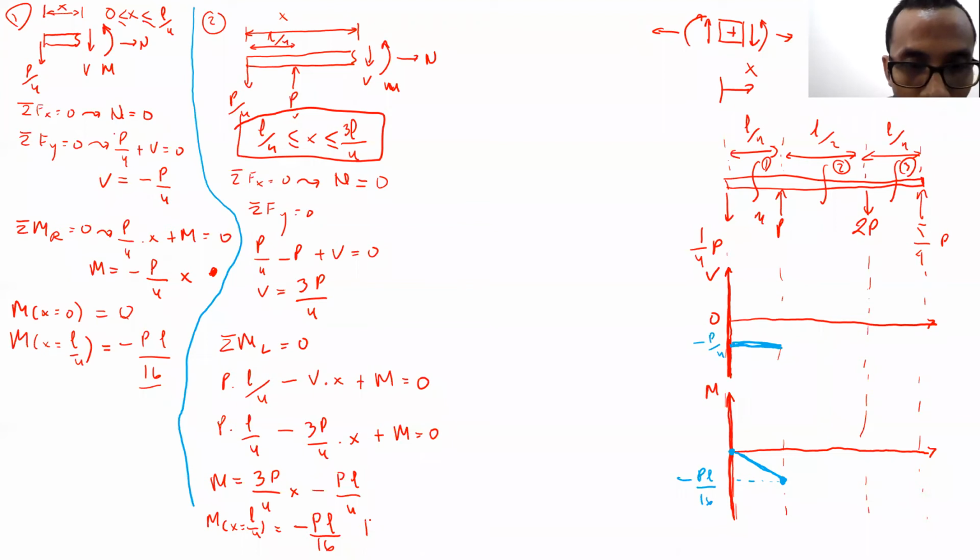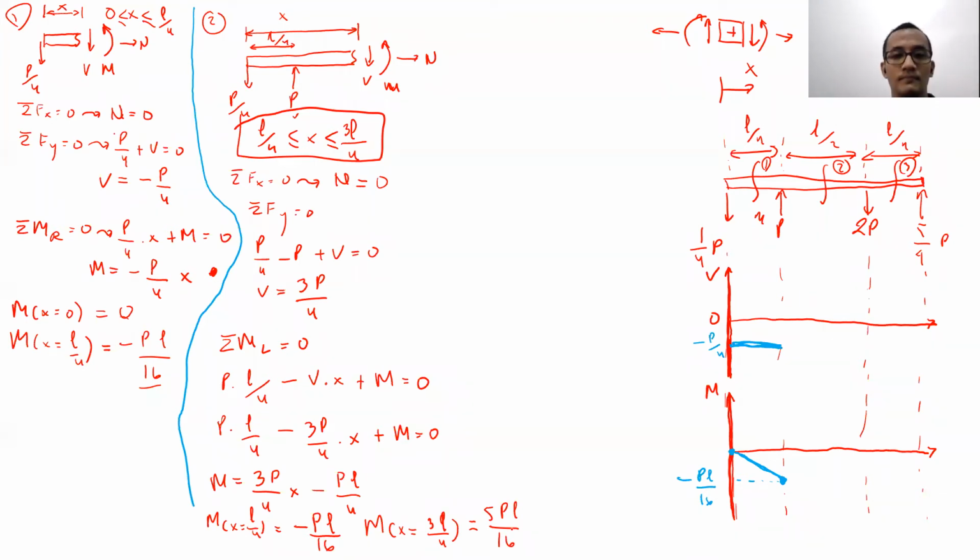What is the value of the moment? 9 PL over 16 minus 4 PL over 16, so it will be 5 PL over 16. Plus, right?